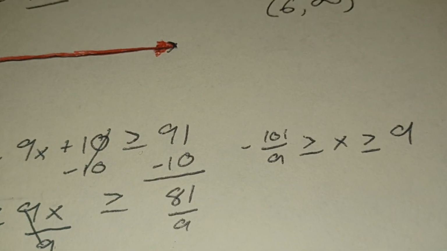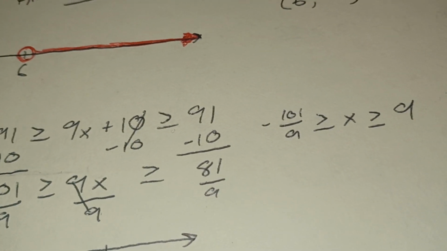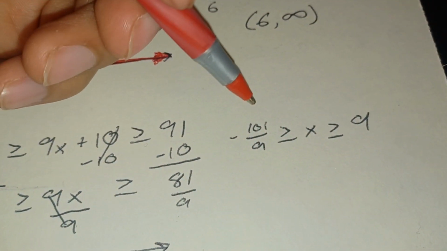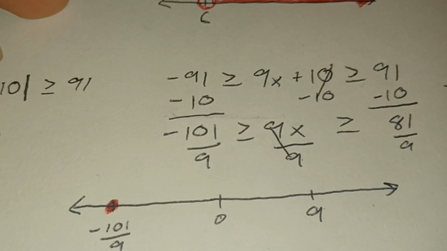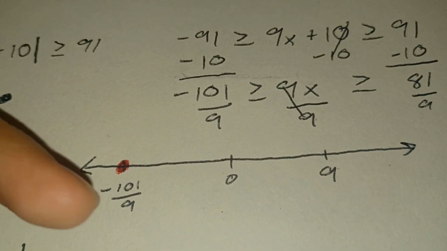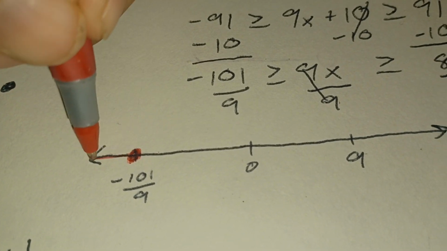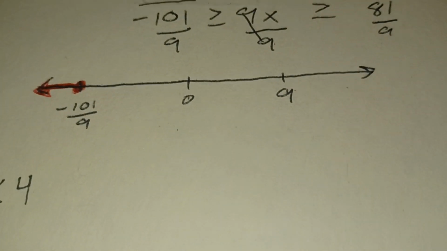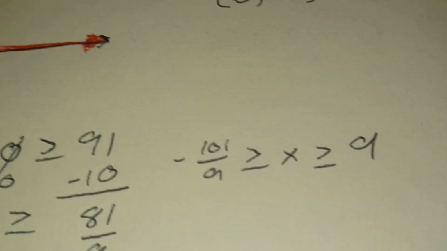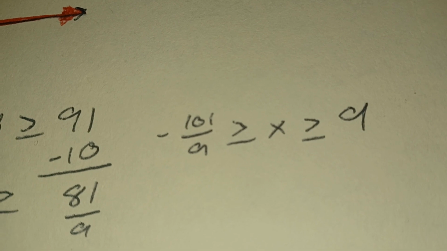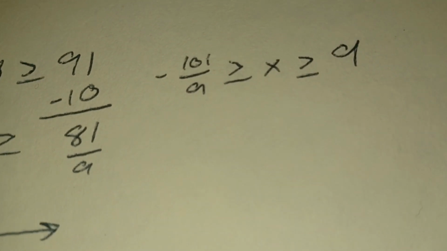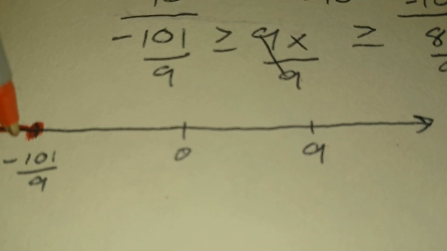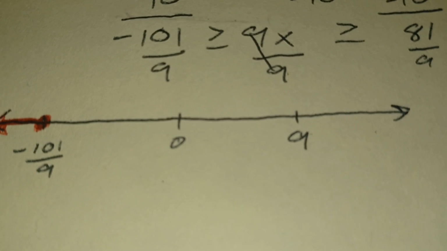We see that negative 101 divided by 9 is greater than or equal to x. So x is less than or equal to this one, right? That means we have to shade to the left to make this inequality true. X can be anything to the left, but it could also be equal to negative 101 divided by 9.